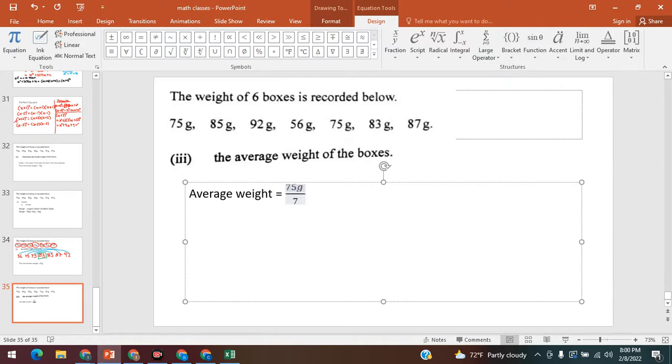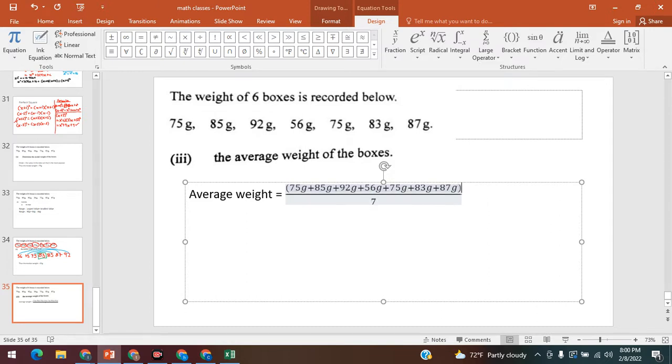And then it's going to be 75 grams plus 85 grams plus 92 grams plus 56 grams plus 75 grams plus 83 grams plus 87 grams. Of course we want to show that we're going to add first.